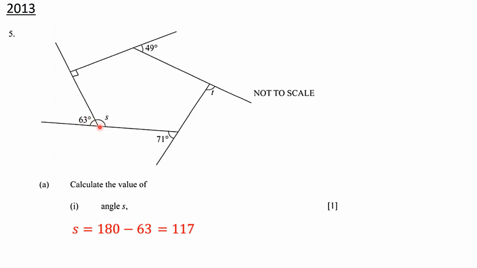We already know what this one is, so S is 180 minus 63, which is equal to 117. If we add 63 plus 117, that's definitely equal to 180 degrees. So S is equal to 117.